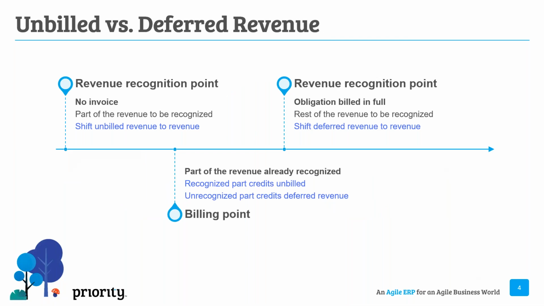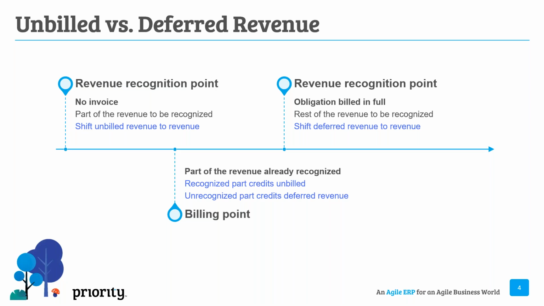Another topic that I want to discuss today is unbilled revenue versus deferred revenue. Here on the slide, we can see 3 points in time when the system behaves differently. The first point in time is the event when revenue is recognized before billing. That means that no invoice is placed yet, and maybe part of the revenue needs to be recognized. In this case, the system will shift it from unbilled revenue to revenue.